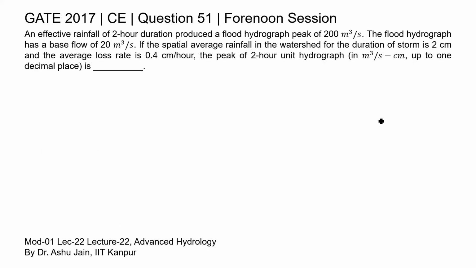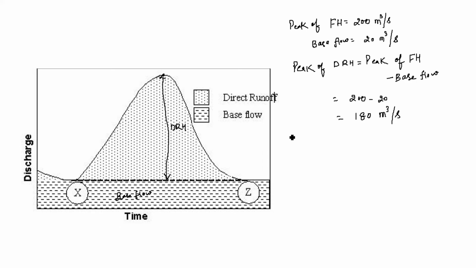Now the next part in this question, it is saying that the rainfall for this duration of a storm is 2 centimeter and the average loss rate is 0.4 centimeter per hour, that is phi index is given as 0.4 centimeter per hour. So can we find the runoff, or excess rainfall? Runoff equals precipitation minus phi index into time of rainfall.